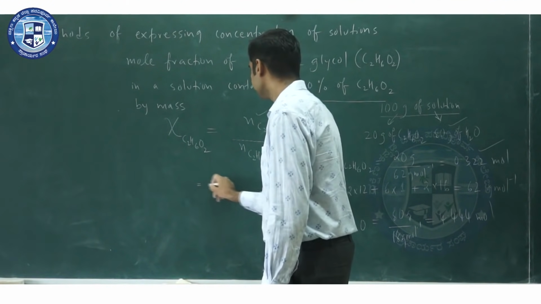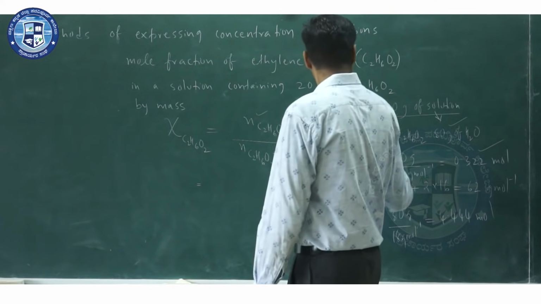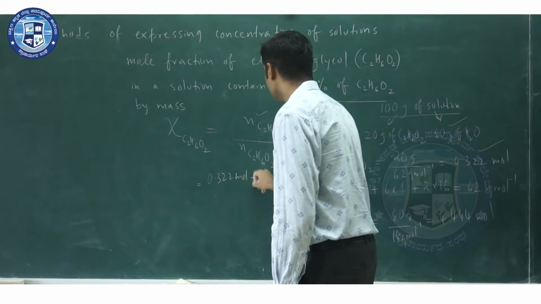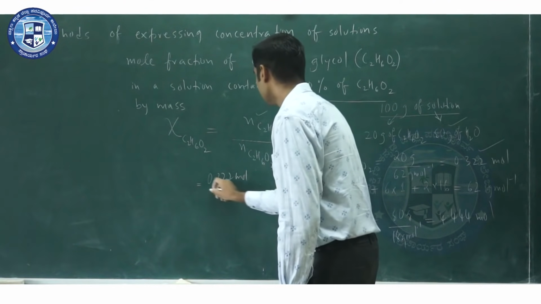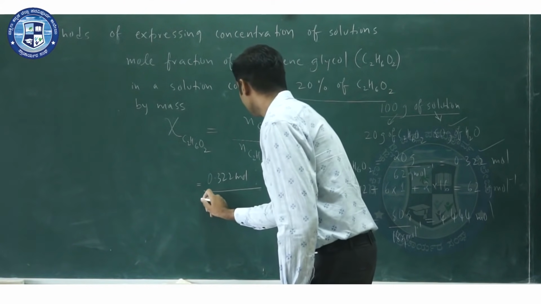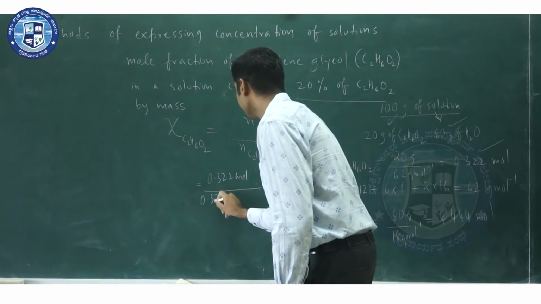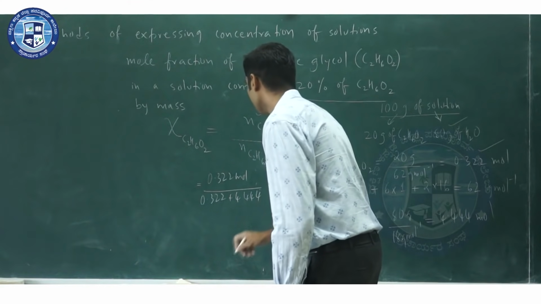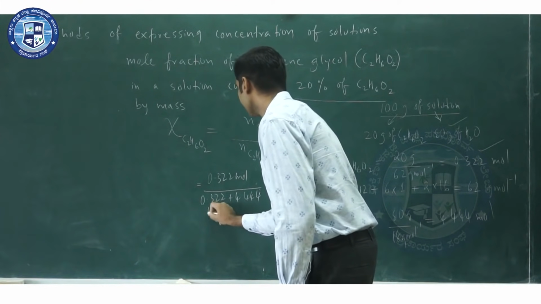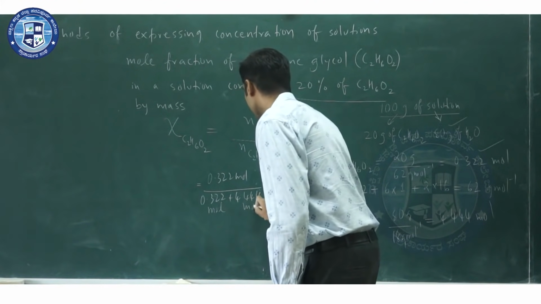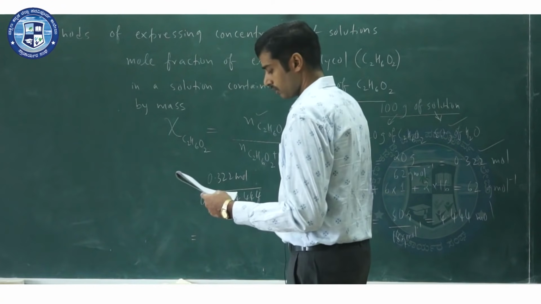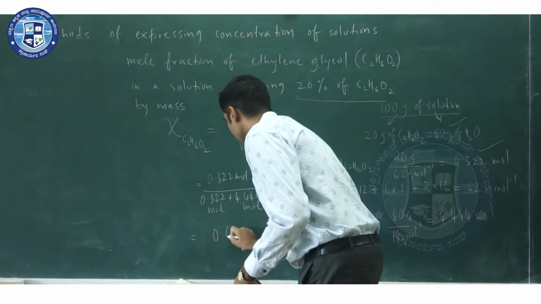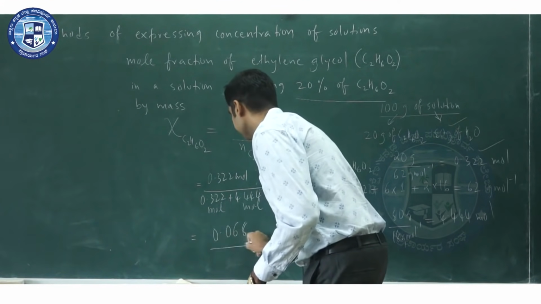Substitute the values. We have ethylene glycol 0.322 mole, and in the denominator we have 0.322 plus 4.444 moles. And I work out this to be 0.068.